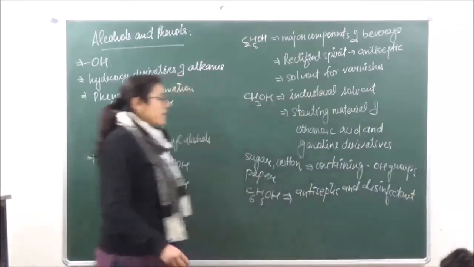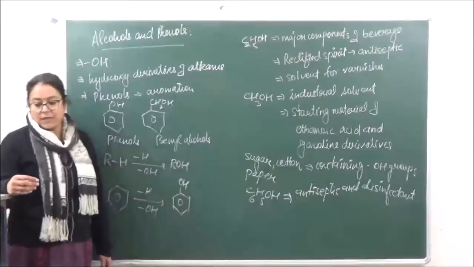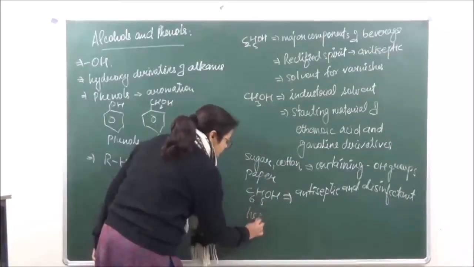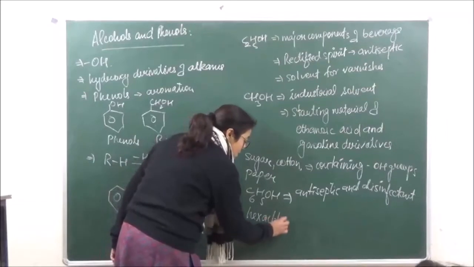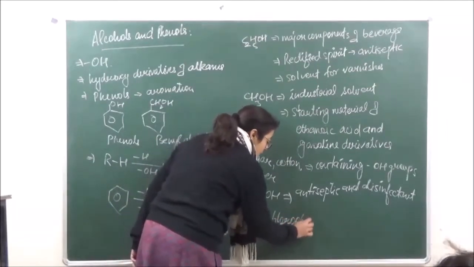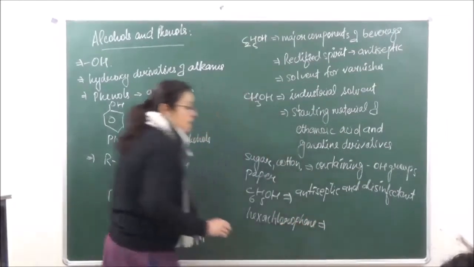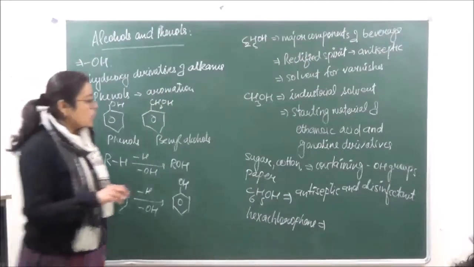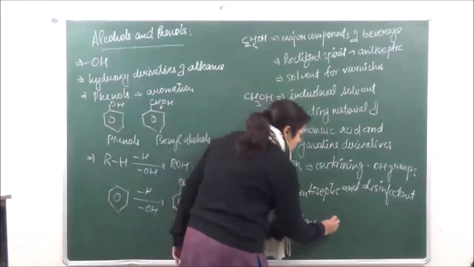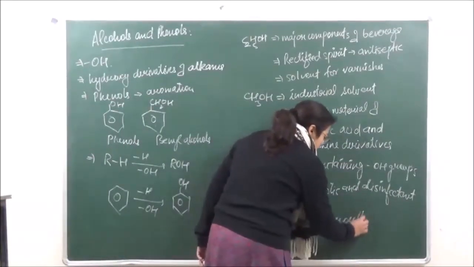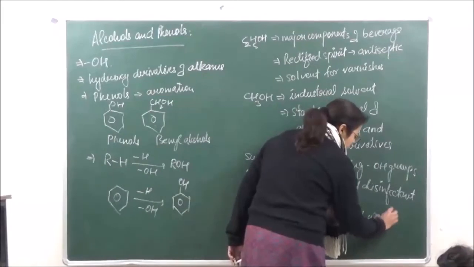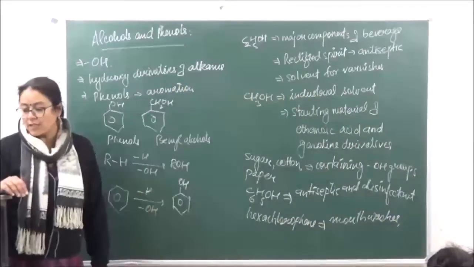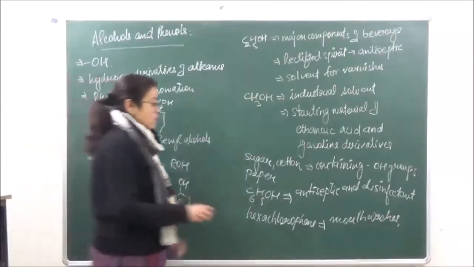Okay, it is used as an antiseptic and it is used as a disinfectant. Then we have hexachlorophene, another compound. This is used as a constituent of several mouthwashes and deodorant soaps, right?